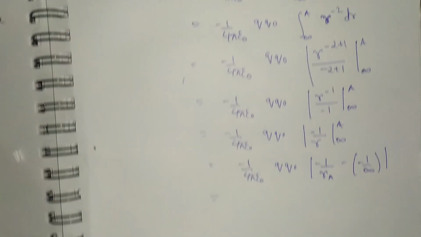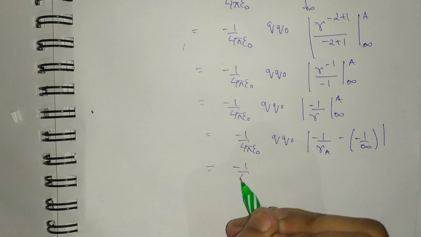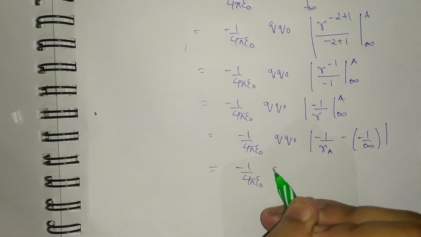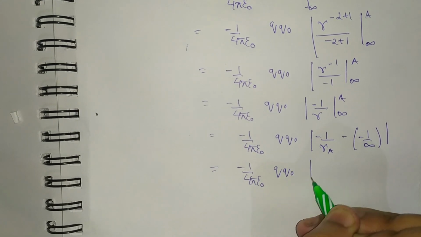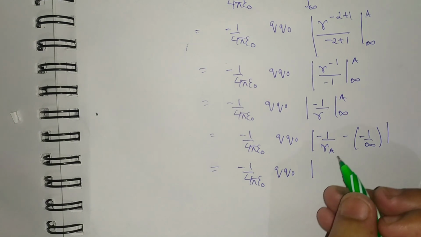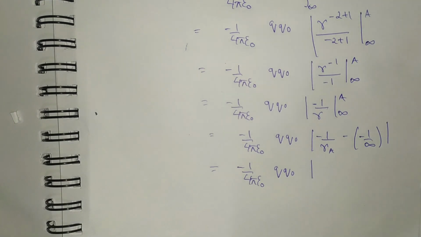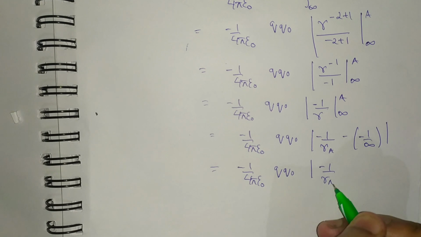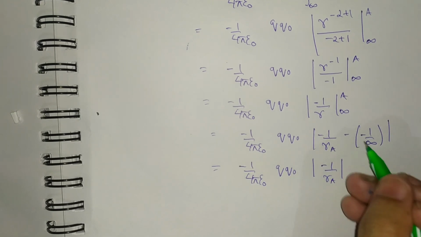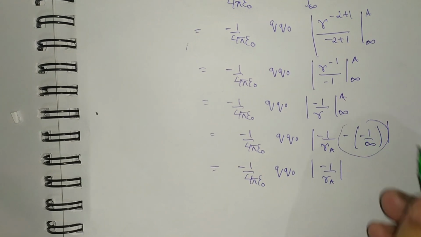So 1 upon 4 pi epsilon naught q naught becomes minus 1 upon rA. Okay, this value becomes 0.